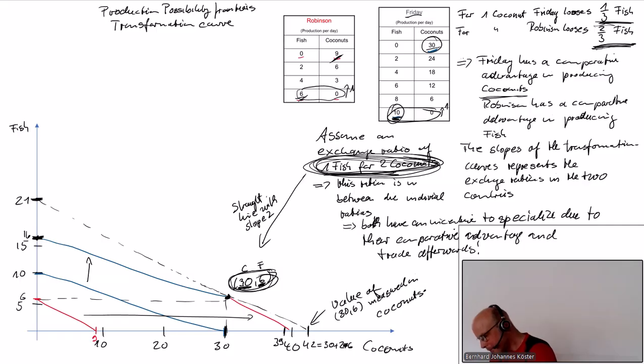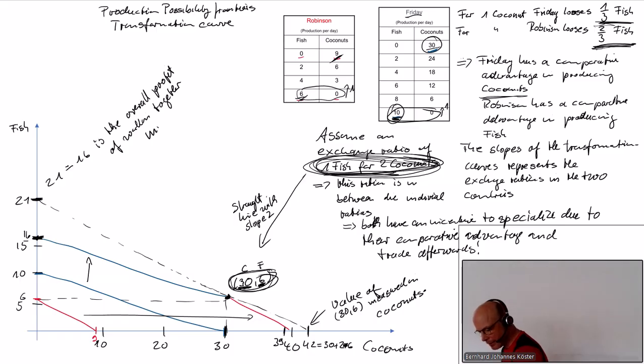So 21 minus 16 is the overall profit of working together measured in fish, given 1 fish for 2 coconuts.